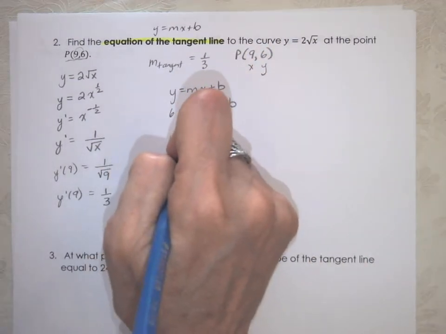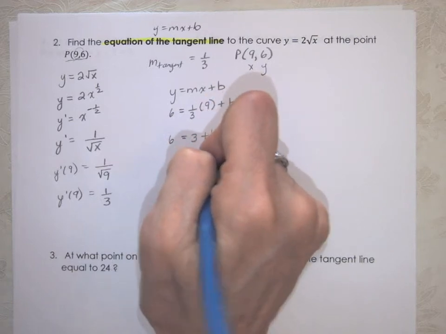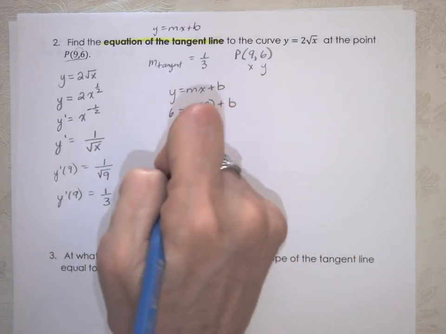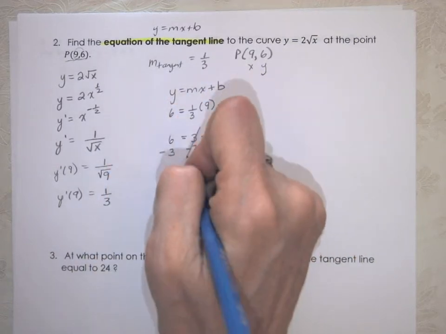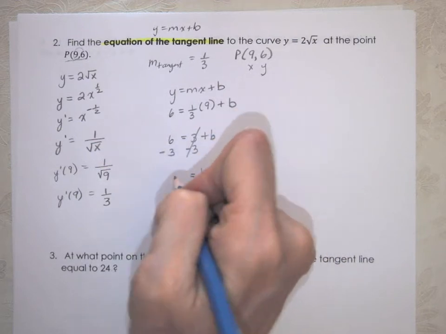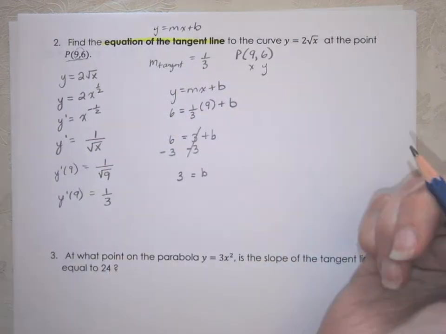So that's going to give me 6 is 3 plus b. Subtract 3 on both sides, and we get b, or the y-intercept, is 3.